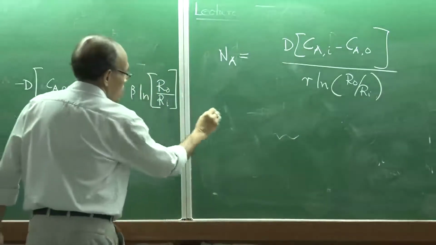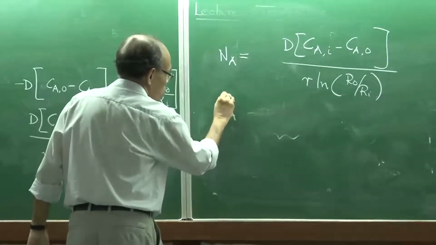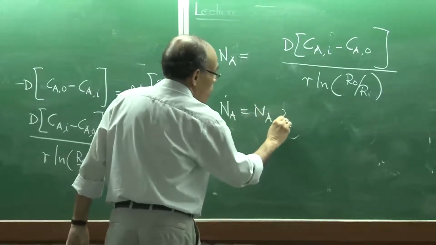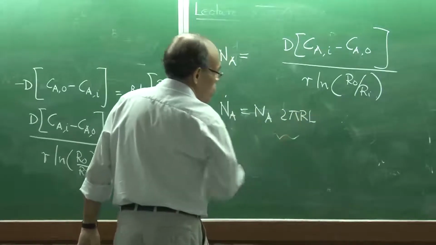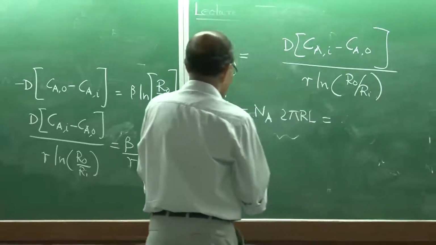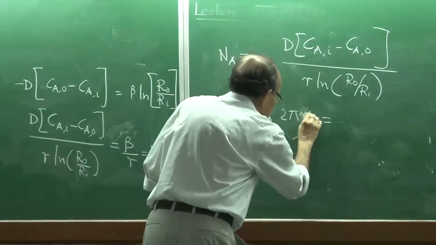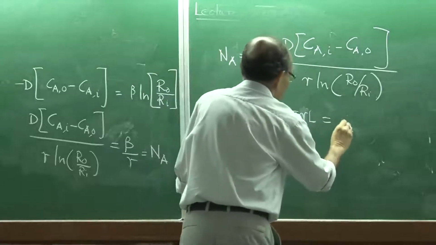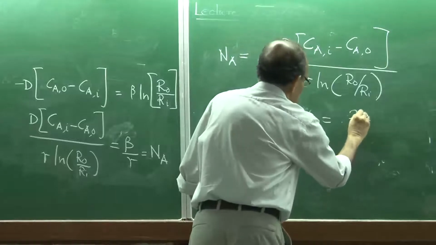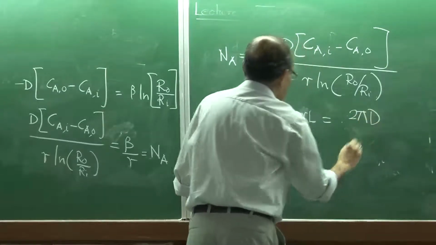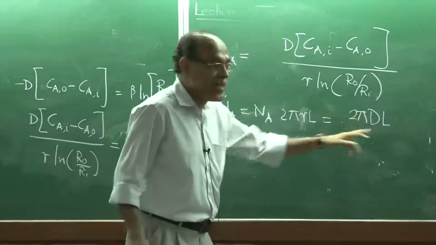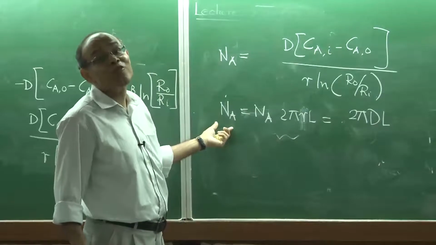And therefore we have this equal to NA into 2 pi RL, and therefore this R and this R will cancel out, so we are going to have 2 pi D L. If you do not put L here, you will interpret this as per unit length.